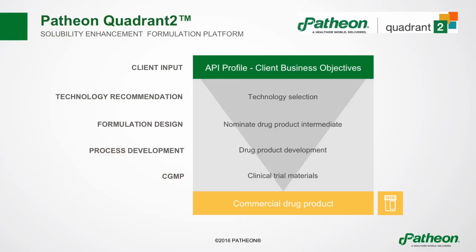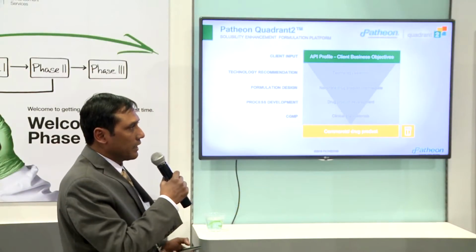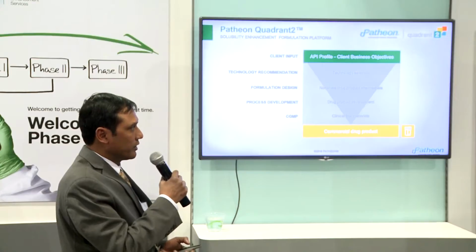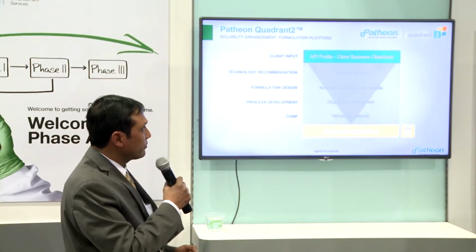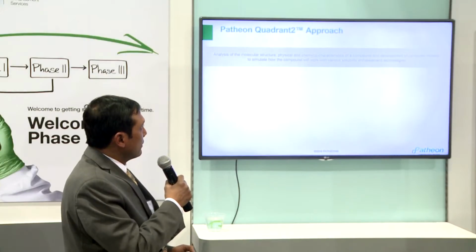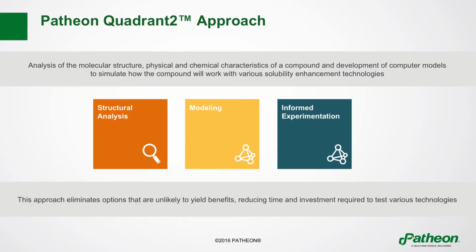The basis of this is the molecule, and our belief is that the API has to determine which technology would work, and based on that, how you go about selecting the formulation for your technology. As I mentioned, structural analysis is important, modeling is important, and informed experimentation is key.